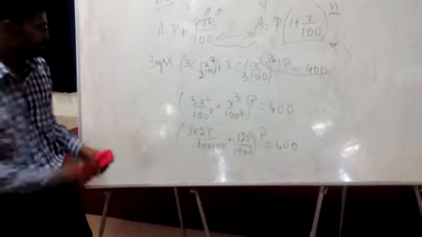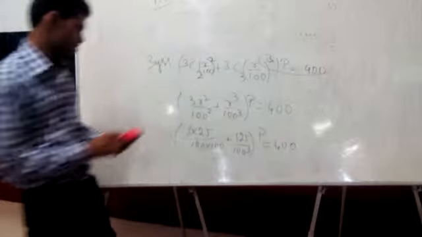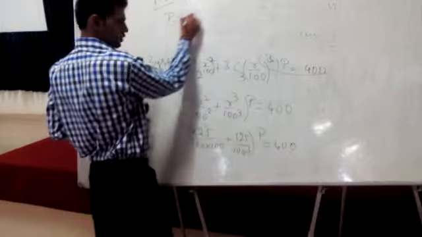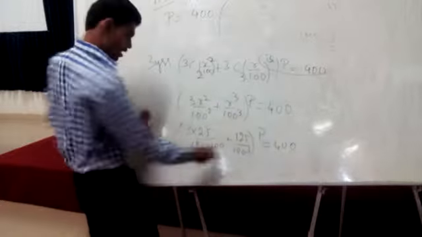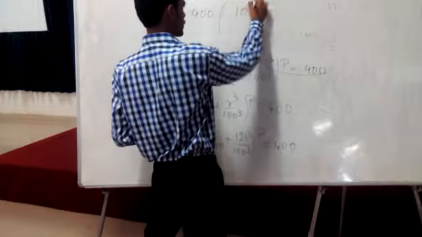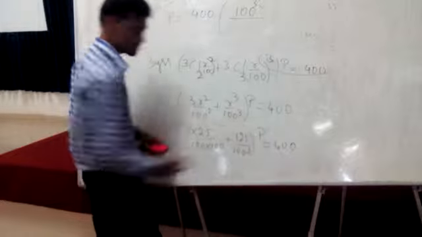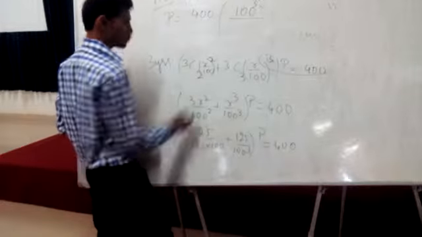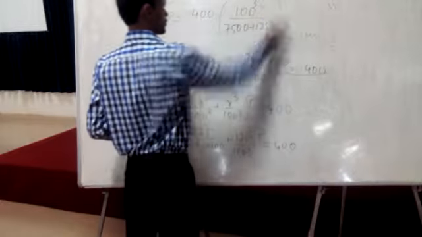Now you have to simplify this further. P should be equal to 400 multiplied by some value. The LCM of these two should be 100 cube, so 100 cube goes to the numerator. Here I have 100 into this value, and here the value remains the same. 2500 into 3, 7500, plus 125.